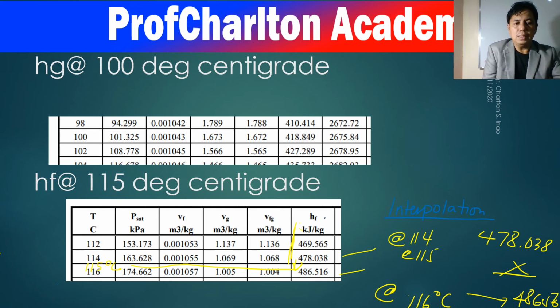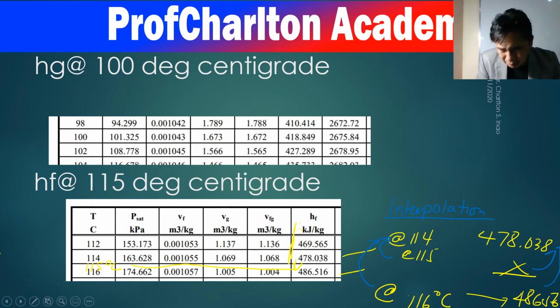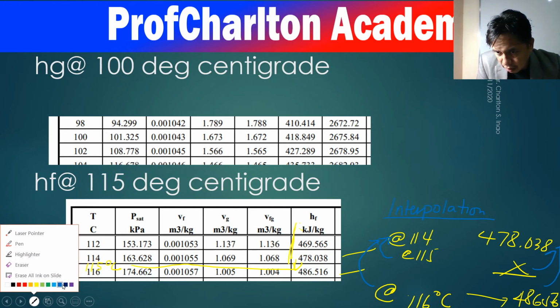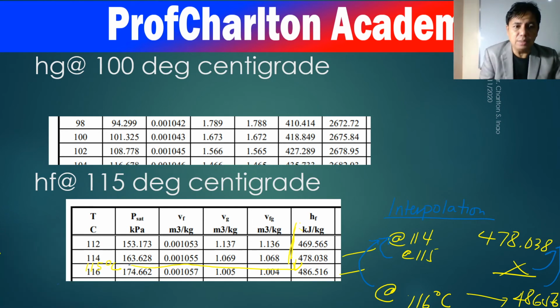So how do we interpolate? So we can have this one and this one, then this one, right? It should yield positive. Let me show that to our viewers so that they will have an idea of what is really going on.